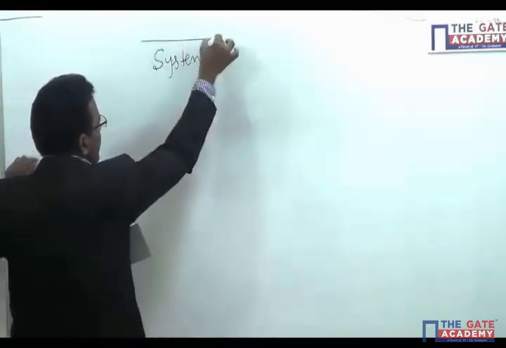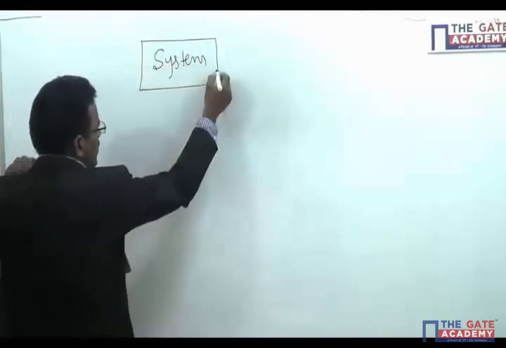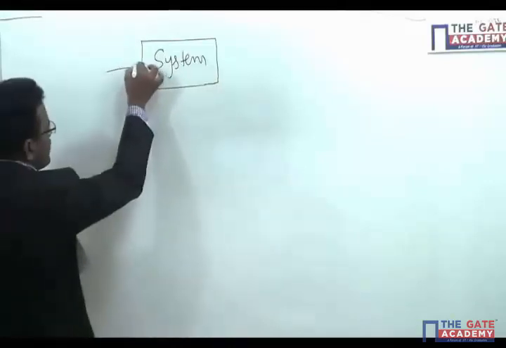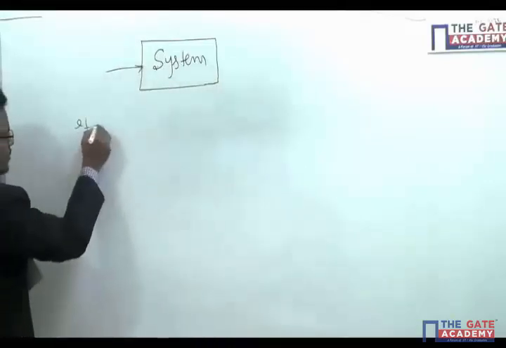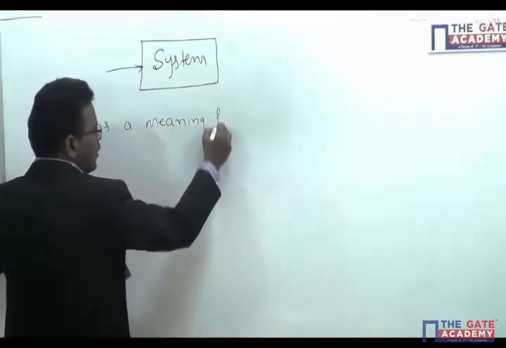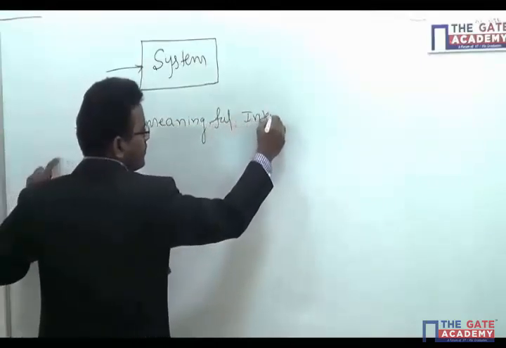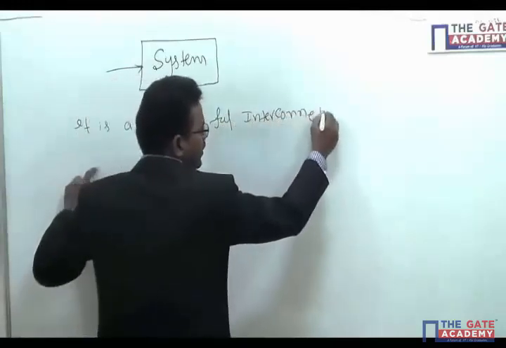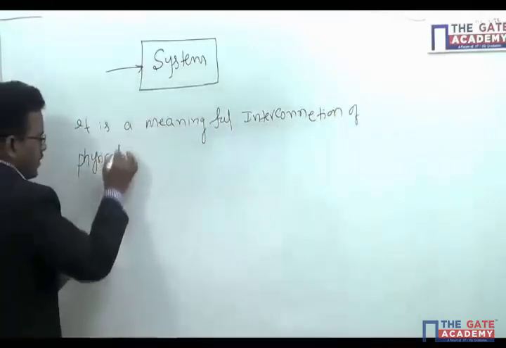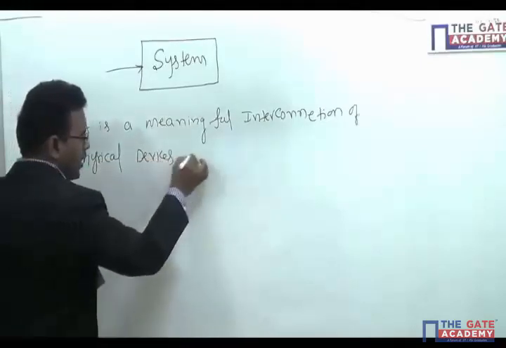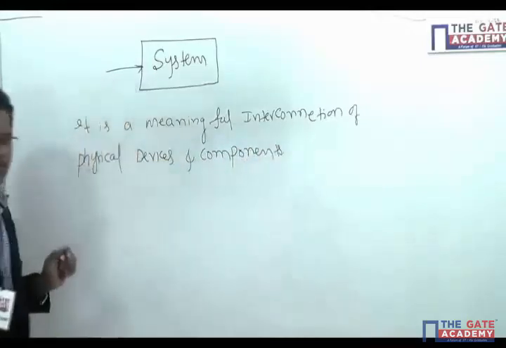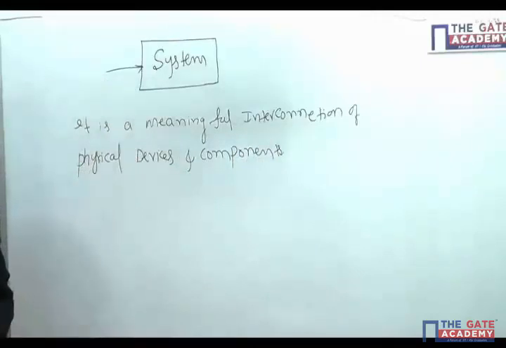Whether it is a physical, biological or electrical system, whatever the system, if I represent it with a box, then the general definition for the system will be like this: it is a meaningful interconnection of physical devices and components. What does it actually mean?